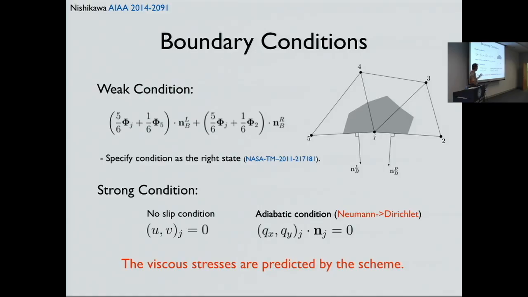And this is a more complicated case, but for diffusion, you can actually check the discretized problem is well posed. If you specify both variables, that's over-specified. You cannot solve it. So either you specify the solution at the boundary or derivative at the boundary.